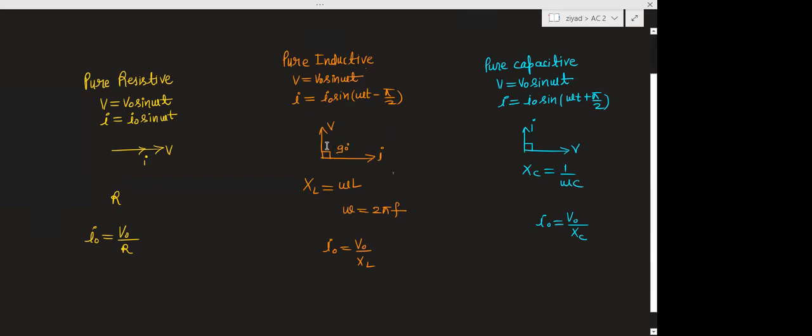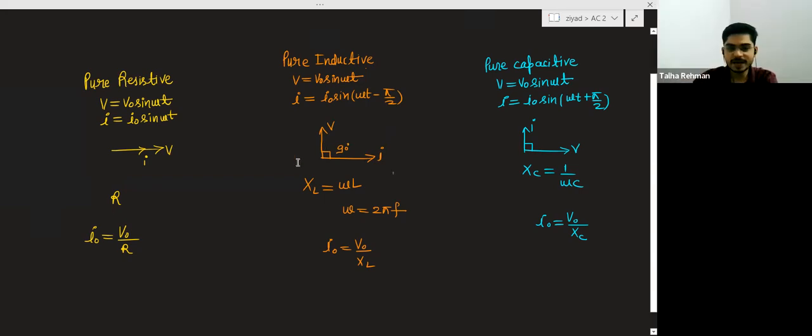Mind, there is another term, inductive reactance. I have told you inductive reactance is like resistance. The unit of resistance is ohm, and the unit of inductive reactance is also ohm. So basically you can say this is just like a resistance in the inductive circuit. In the resistive circuit we have the very famous resistance.